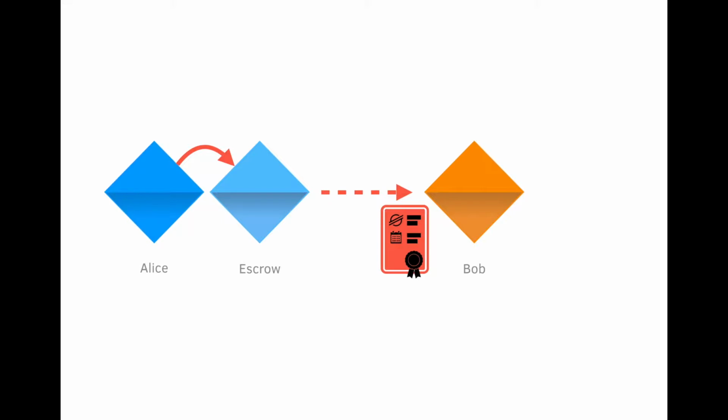And the next step is that after a certain amount of time, Bob will just submit this transaction and he should receive the amount that was inside this check, kind of. After that, this transaction won't be valid anymore.